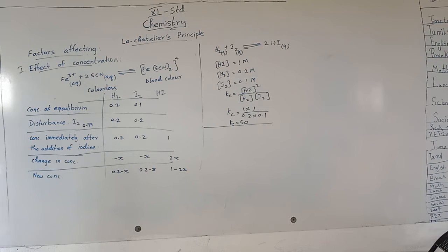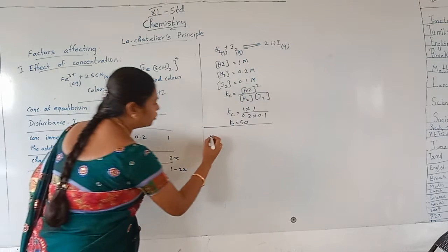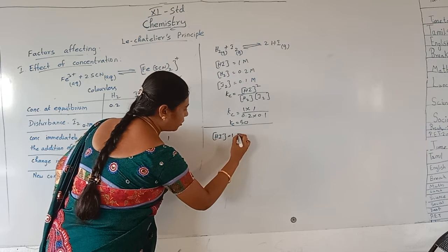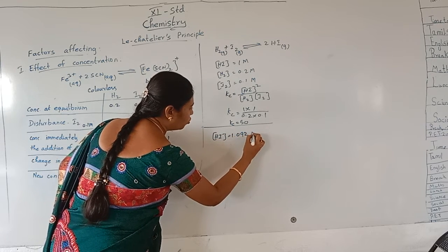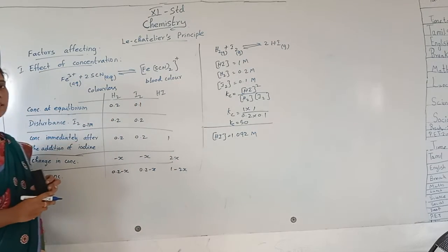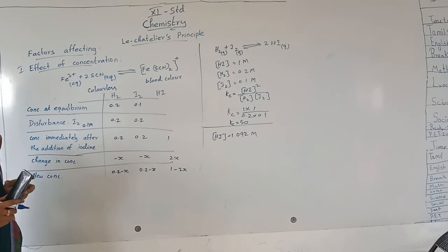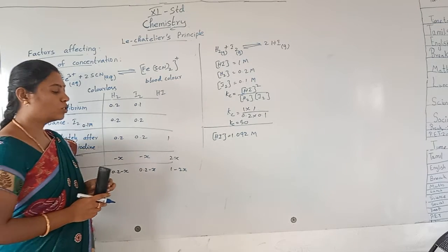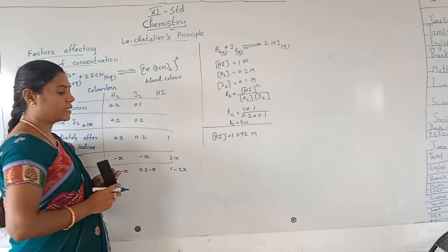In the next step, the concentration of hydrogen iodide, the value is 1.092 molarity. Okay.